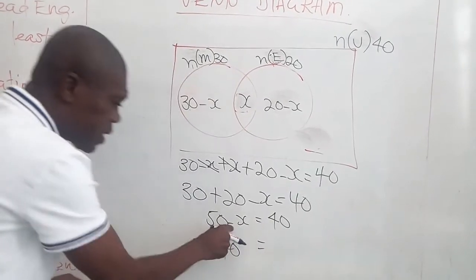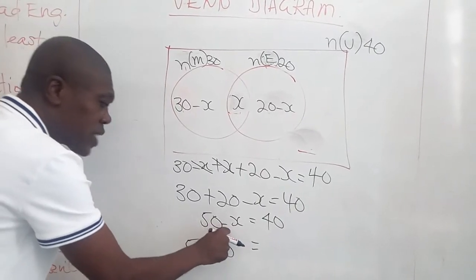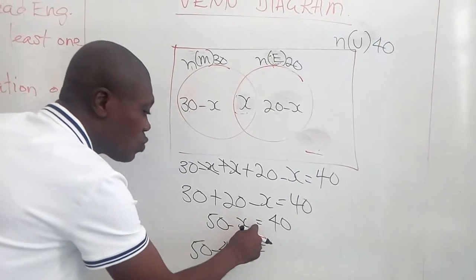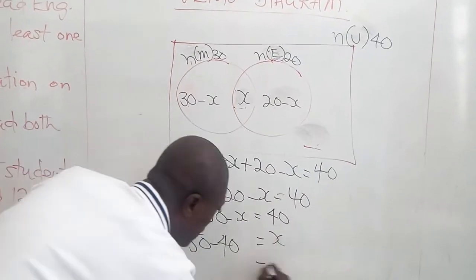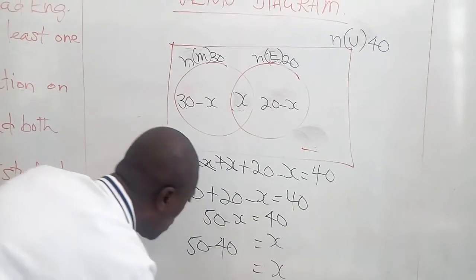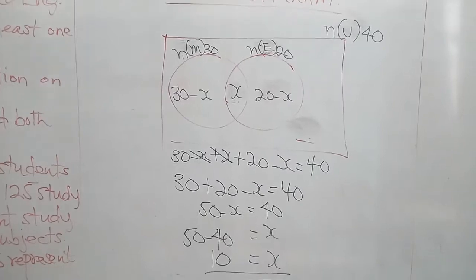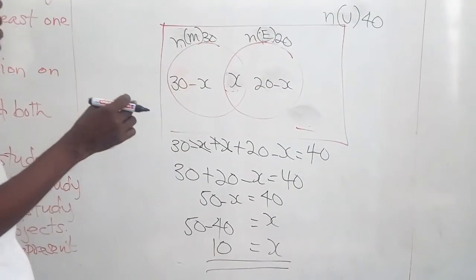This negative sign here is affecting this x. So x jumping over the equal to sign will be positive. So x will be equal to 10. Yes. So as you can see, this plus this gave us 50.